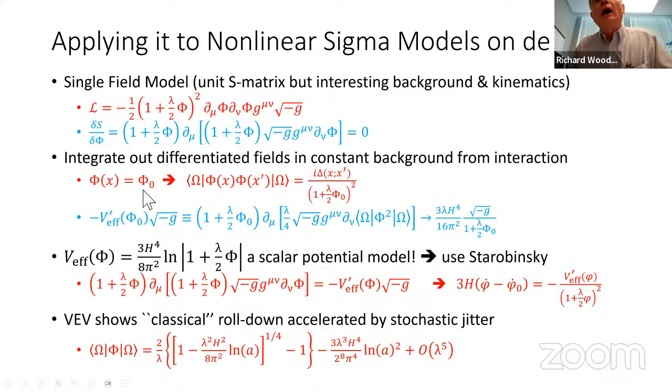The way that you apply it is you just integrate out the differentiated fields in the field equation. So there's a differentiated field, and this guy, when it acts, would give another differentiated field. You integrate them out under the assumption that the scalar is providing a background which is constant. You might say, gosh, that looks really complicated, but in fact, it's trivial.